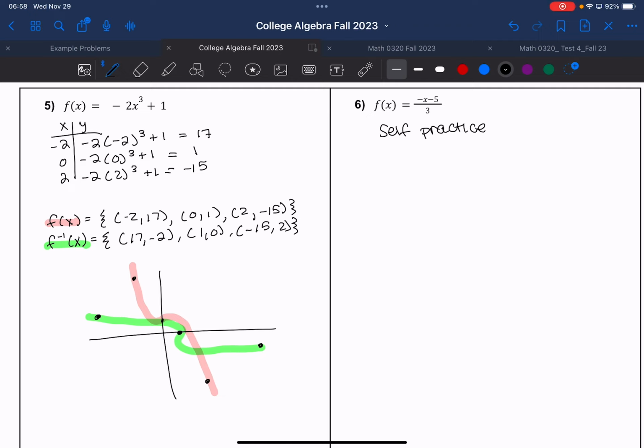But before we move on, number 6, what type of function is that? Linear. Why is it linear? Because what's another way we could write this function? Instead of writing it all over 3, what could we do with that 3?